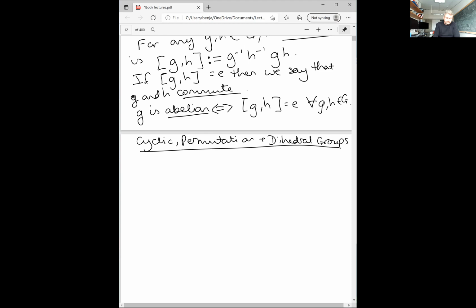Okay, so cyclic we've seen. So for example, Zn. So this is an abelian group. And for prime n, it's a simple group.